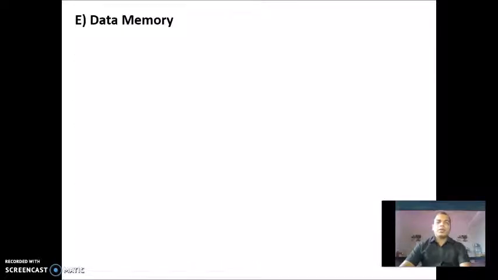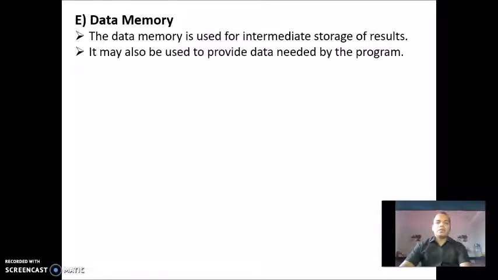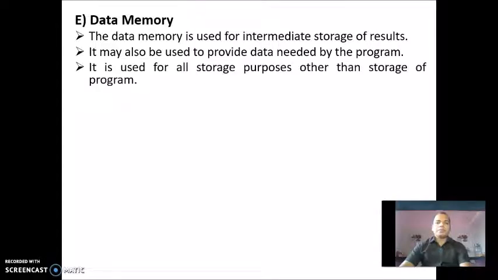The next unit in the CPU is the data memory. The data memory is used for intermediate storage of results. It may also be used to provide data needed by the program.